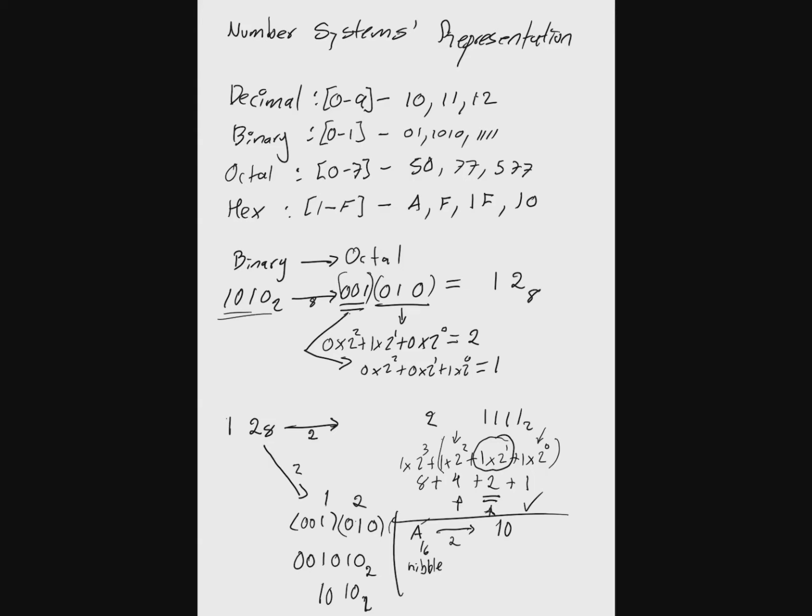It's a two-step process, right? Turn it into 10, and now you know that. So the whole process is going to 10. And then 10 requires 4 digits.